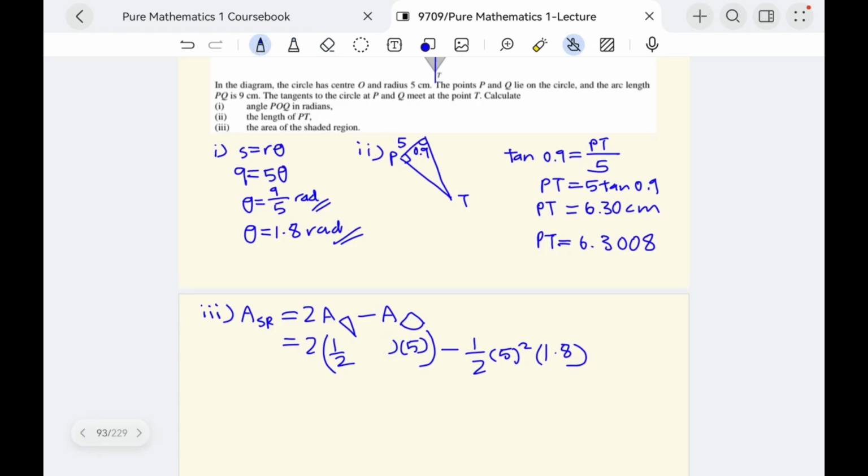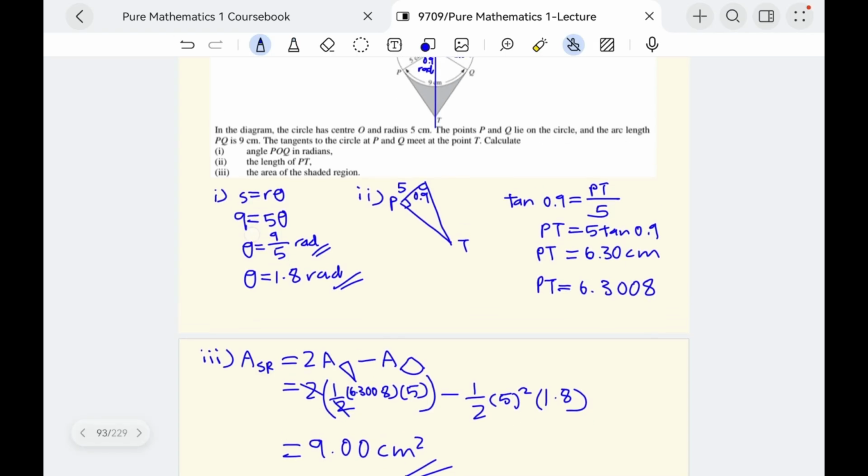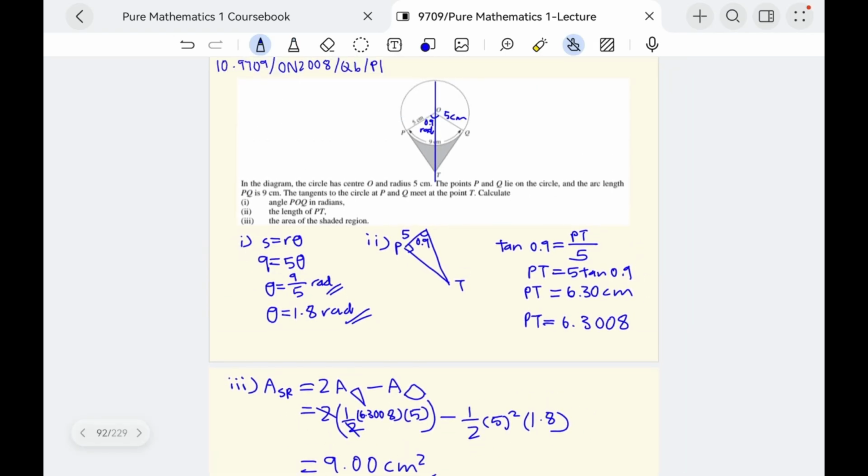To maintain the accuracy, you can leave it at most 5 significant figures. So you will get 9.00 cm squared. That's the area of the shaded region, and we have ended the discussion for this question.